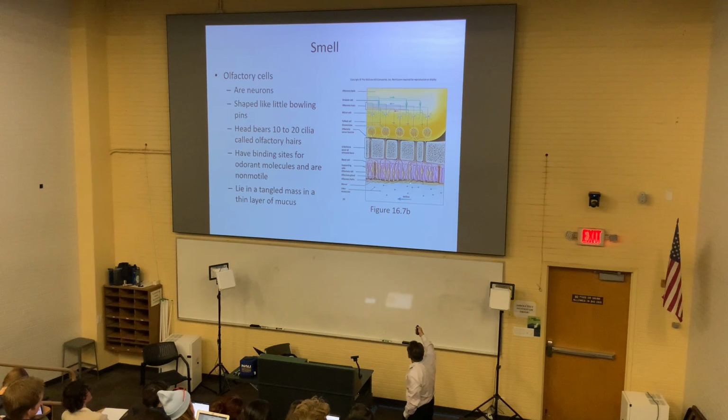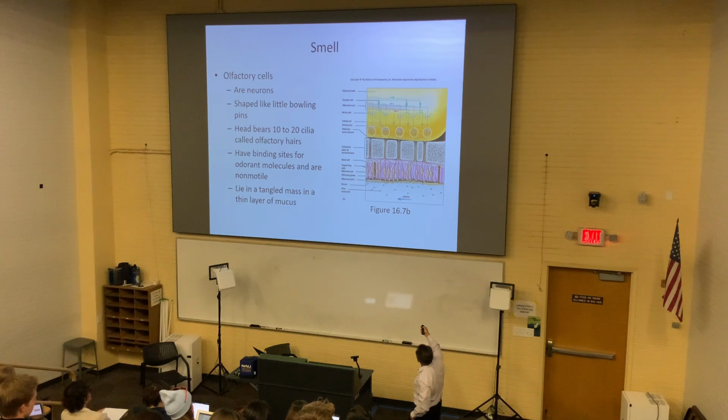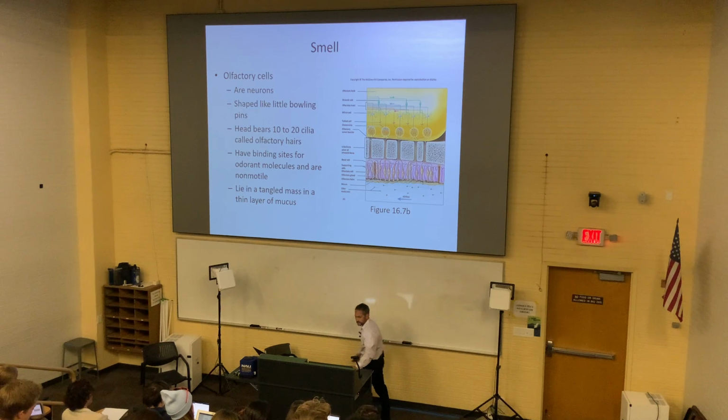This odorant molecule is going to bind to these olfactory hairs, synonymous with taste hairs, and is going to trigger an action potential to send a signal onto this second order neuron that ultimately sends the signal back to the brain. And that's how you smell.